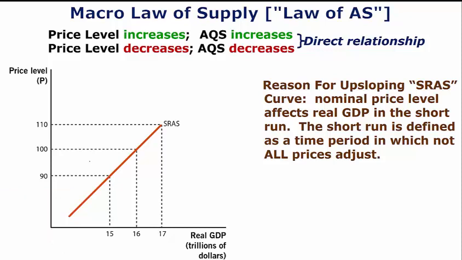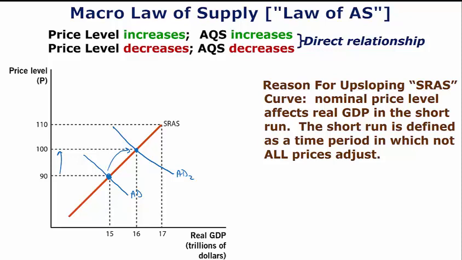I don't want to confuse you, but let's say aggregate demand crosses right here. That means that point on the AS curve is where we currently are. If the aggregate demand curve shifts to the right, that's going to drive the price level higher, and then the aggregate supply curve is going to get a new point on it. That is what we mean by aggregate quantity supplied.